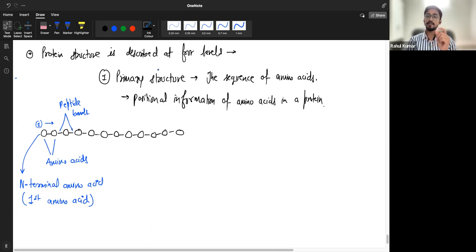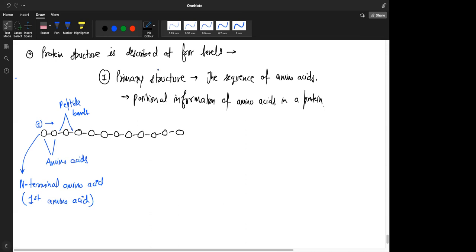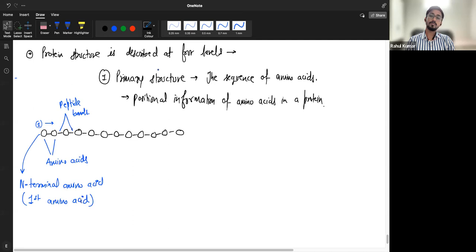In the center there is the alpha carbon, towards the bottom is a hydrogen, and on the top there is an R group that is variable. Yes or no? Yes. So the N terminal is called that because of amino, nitrogen. On one side is the nitrogen, on the other is the carboxylic acid.